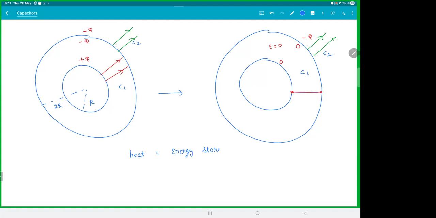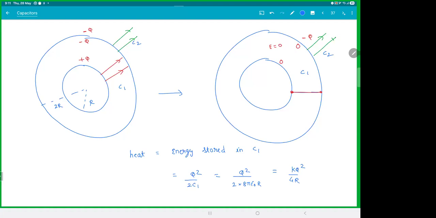The heat produced is nothing but energy stored in C1, which is Q square by 2C1. And what is C1? Q square by 2 into 8 pi epsilon R, which is KQ square by 4R.